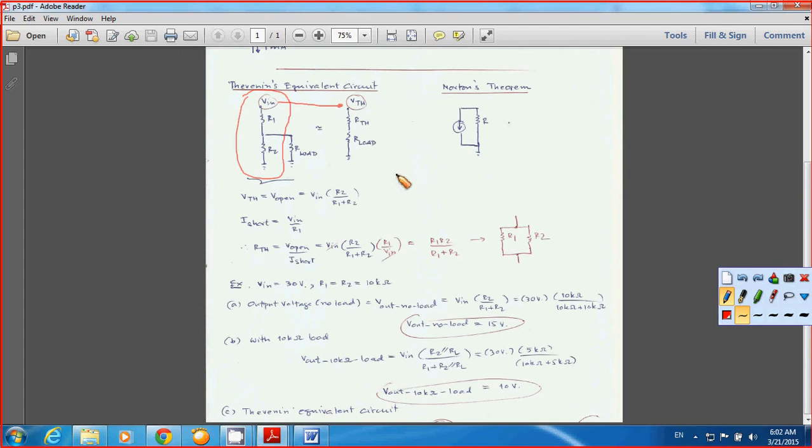Take a look at this one here: you have VTH and RTH in series, and then you connect the load, RL, also in series. It's easy to calculate, because you don't have R1 and R2 anymore, but simply RTH and VTH.